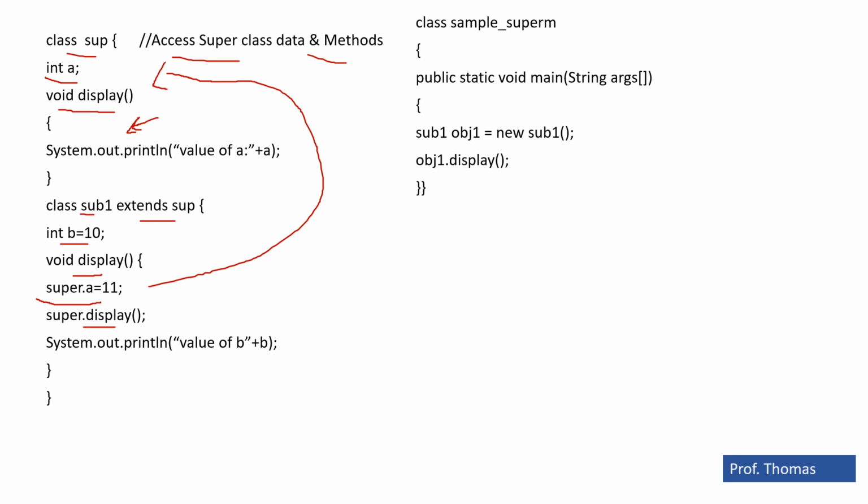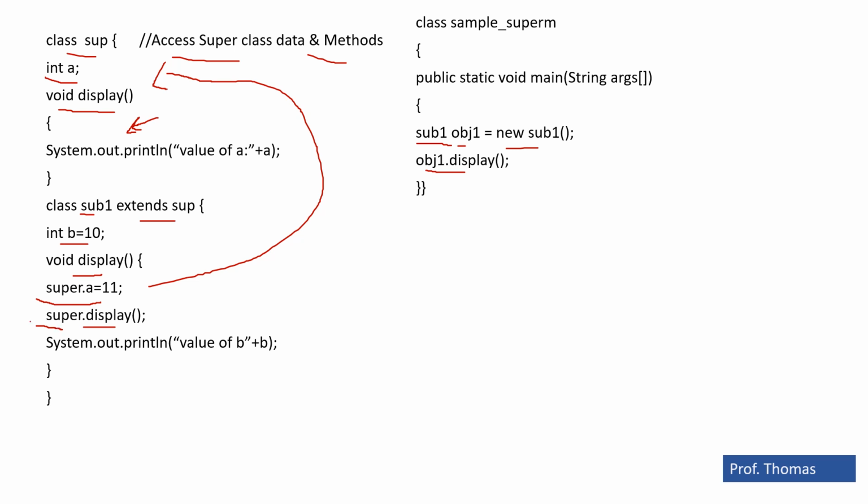Here we create an object for the subclass Sub1, object1 equals new Sub1, and call object1.display. We call only the subclass method display. In the subclass method display, we call the superclass method display using the super keyword.